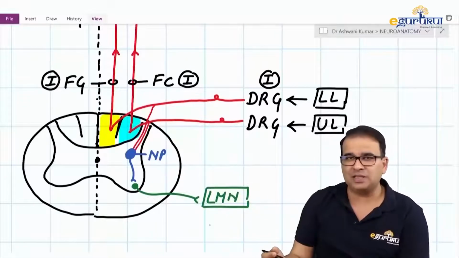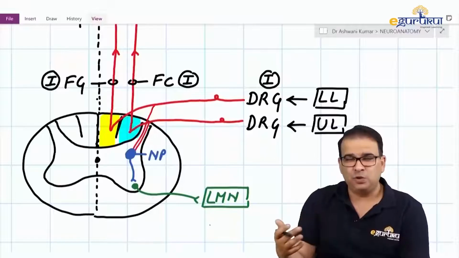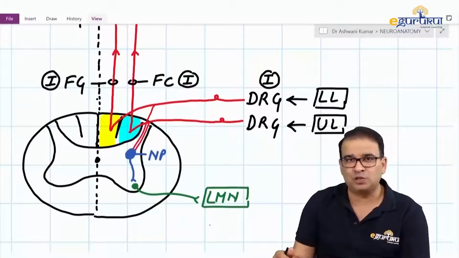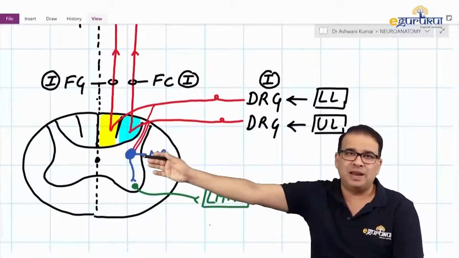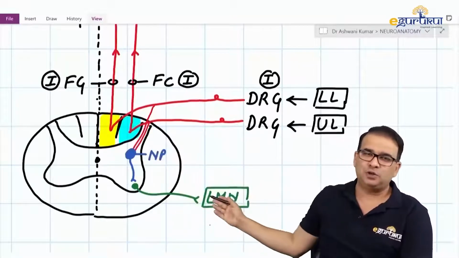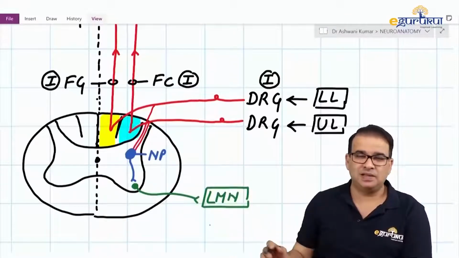You will never get the reflex for sensation like for the conscious proprioception or for the pressure or for the vibration. We do have reflex or at least response to these, and that is possible because some fibers will come and relay at the nucleus proprius and then to the lower motor neuron, maintaining the reflex arc.